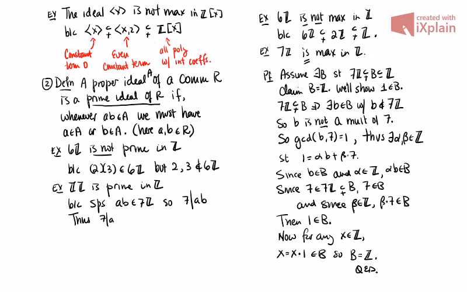Thus 7 divides A, or 7 divides B, and whichever one, or maybe both, will then be in the ideal. And I just realized I wrote a Z back here too. This should be a 7 as well. So thus either A is in 7Z or B is in 7Z.